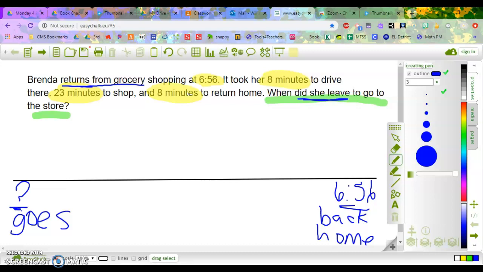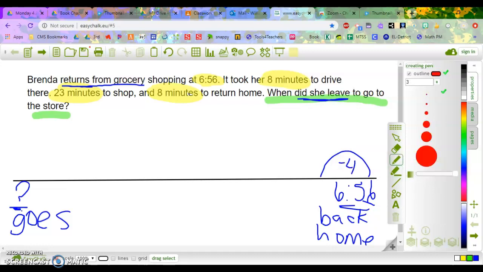She drives for 8 minutes, shops for 23 minutes, and then drives again for 8 more minutes. I am going to use those 3 sets of time to subtract back on my number line. The first thing I'm going to subtract back is my 8 minutes. I'm going to split up my 8 minutes into 4 and 4, because I'm at 56. I'm going to jump back 4.